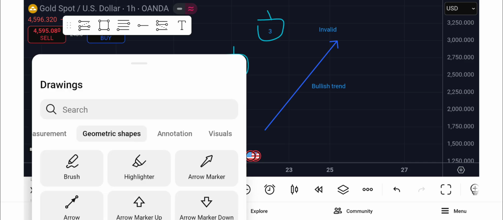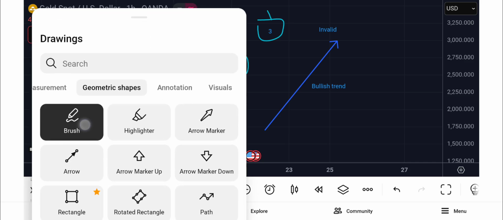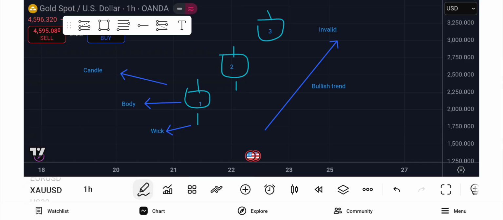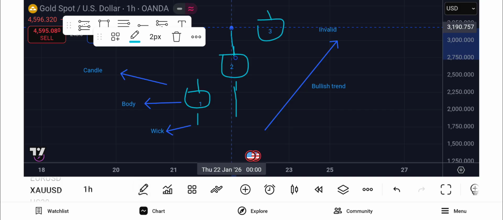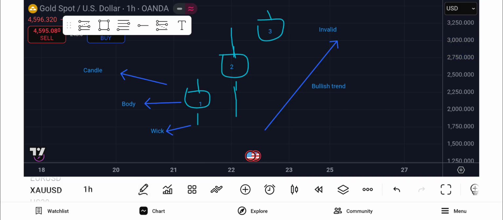Now, let's say for example, the second candle draws all the way down here and does something like that, right? You see how this candle goes all the way down here, and you see how this wick right here goes all the way over here, right?